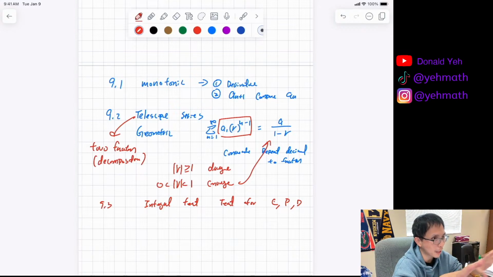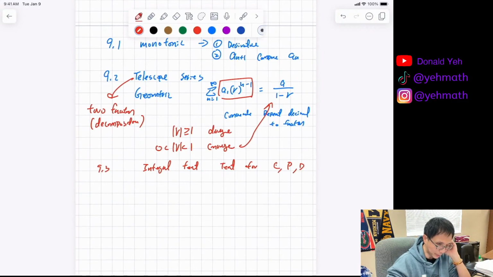I don't really care about those extra parts, but that's to show you how they get a telescoping series. 9.3 is the integral test and P series.